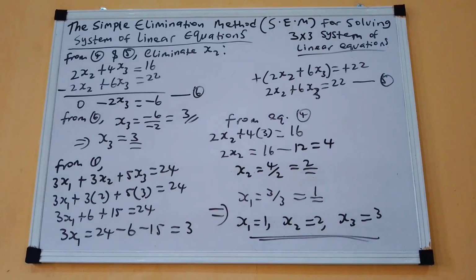A system of linear equations is said to be unique and consistent if it has only one set of solutions. We have used 3 different methods of solution to solve the same problem, and we end up arriving at the same answer: x1 is equal to 1, x2 is equal to 2, x3 is equal to 3. It makes the system independent, it makes the system consistent, and it also makes the system unique.